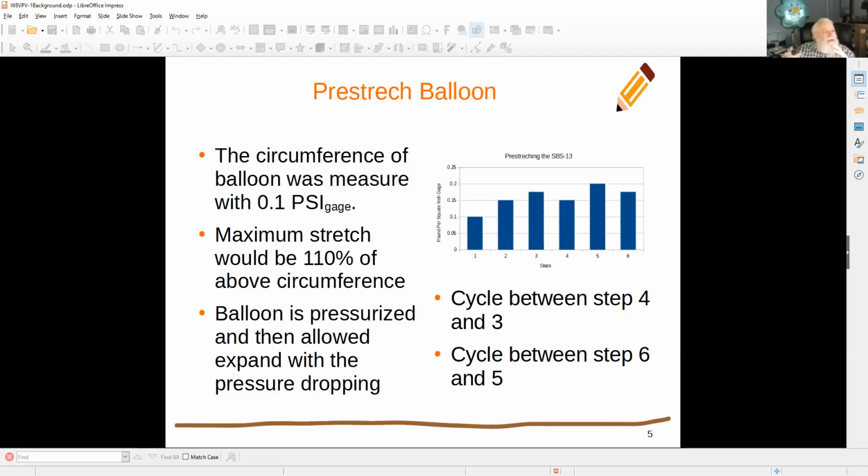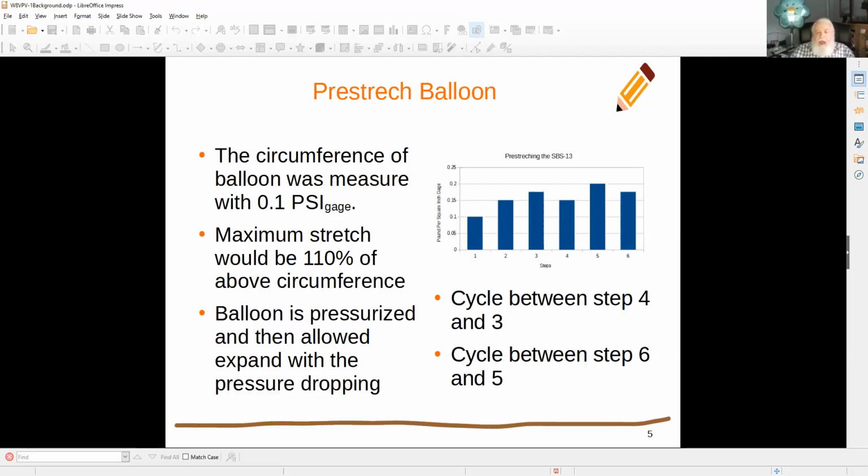You can hear this creaking and stretching and groaning noise coming from the balloon. We let it stay there for a while, and then we went up to, what was it, 0.175, and then it started creaking and groaning quite a bit more.